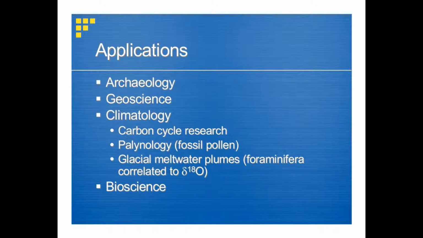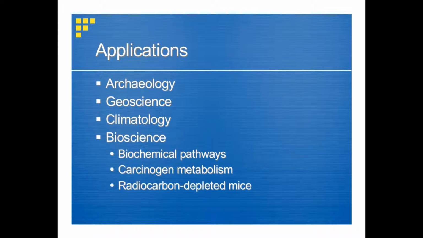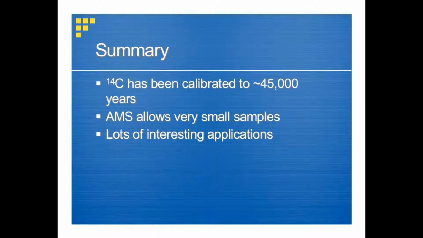Carbon cycle research is a big field right now. And in bioscience, there's a number of things that have been done. A lot of new things are possible in bioscience that weren't possible before because of the sample size. So in summary, radiocarbon has been calibrated about 45,000 years with the lake varves. This new technique of AMS allows very small samples, and there's lots of interesting applications that can be done with it.